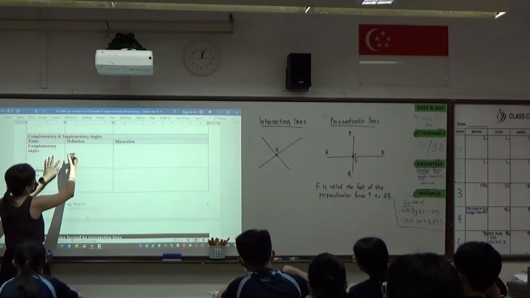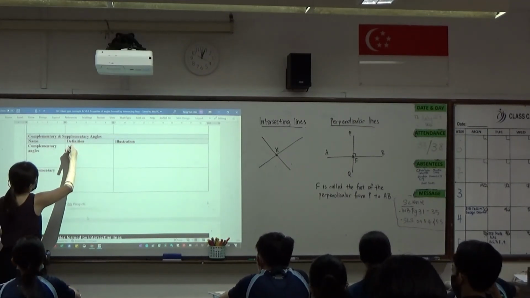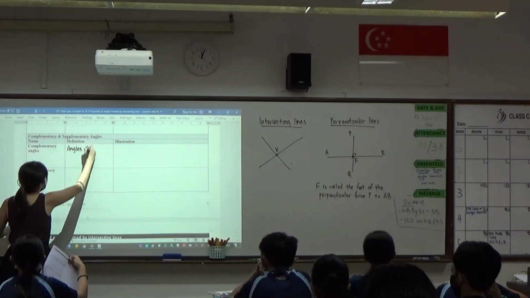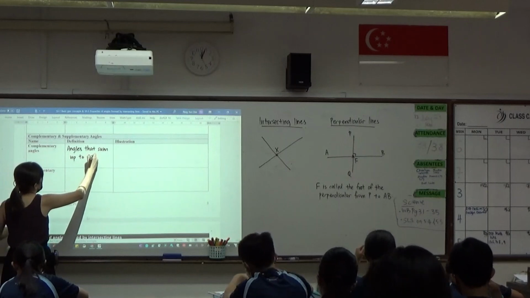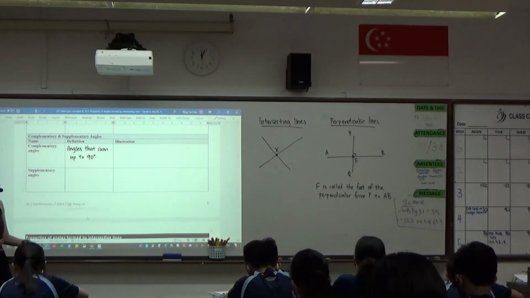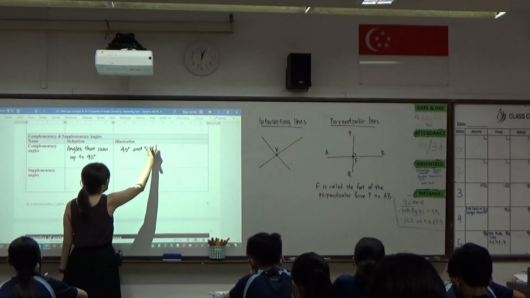So they are angles that add up to 90 degrees. For example, 40 degrees and 50 degrees are complementary.